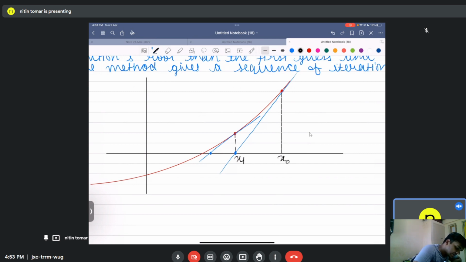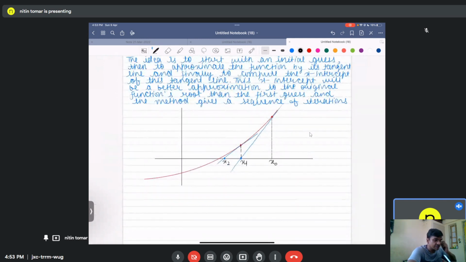It intersects at x2, let's say. So you see, this is the root r, and you are moving in this direction, and eventually you will go to the original root r. And that is precisely the idea of the Newton-Raphson method. We'll see some derivation of it in the next class, but let us see what we have done today before finishing.